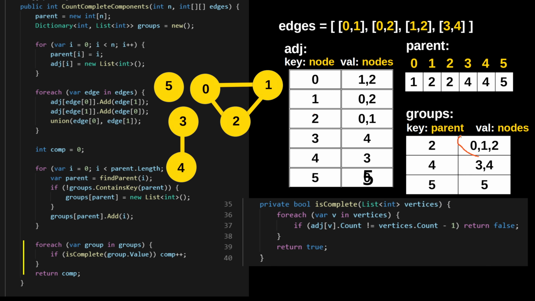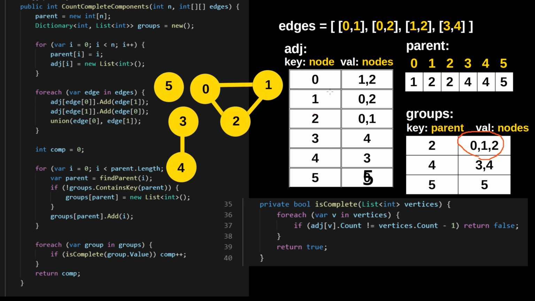For example, in the first group, we have 0, 1, 2. There's a total of 3 vertices. For a complete component, we should expect that each vertex should have n-1, so each vertex should have 2 edges. We go through each of the vertices, and we check against the adjacency list. And that is what the isComplete function does.